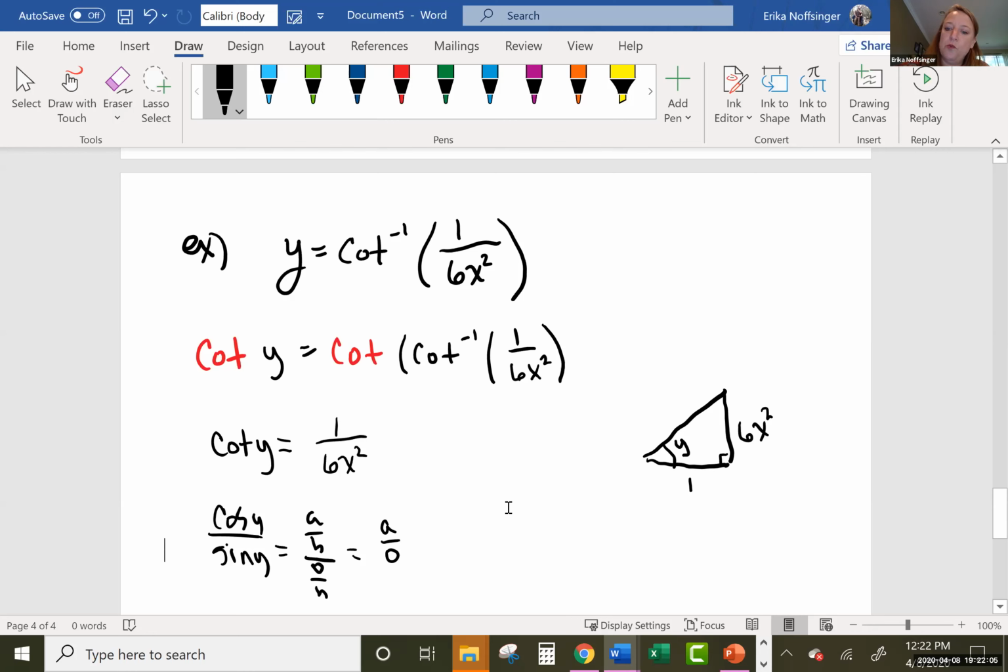I know it's the square root of the sum of the squares of the legs. So summing 1 squared plus that quantity 6x squared, squared. So this gives me the square root of 1 plus 6x squared times 6x squared, which is 36x to the 4th.